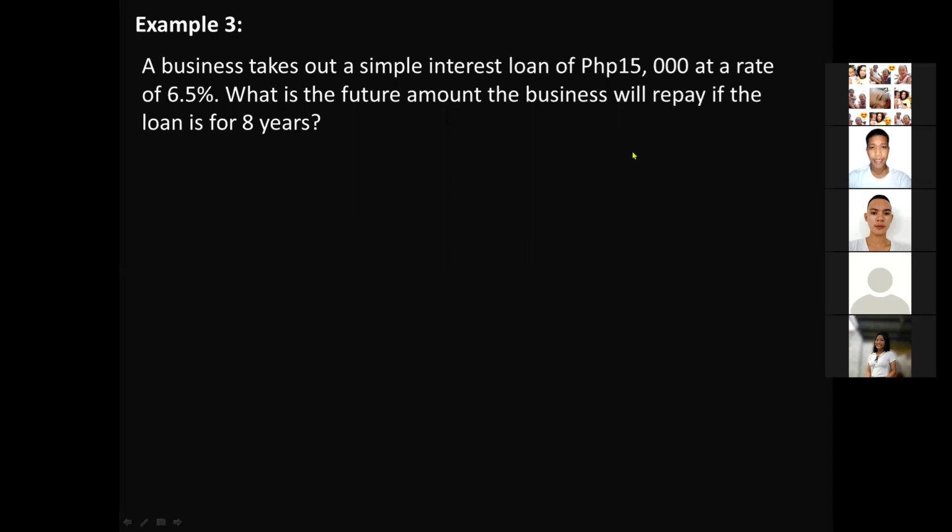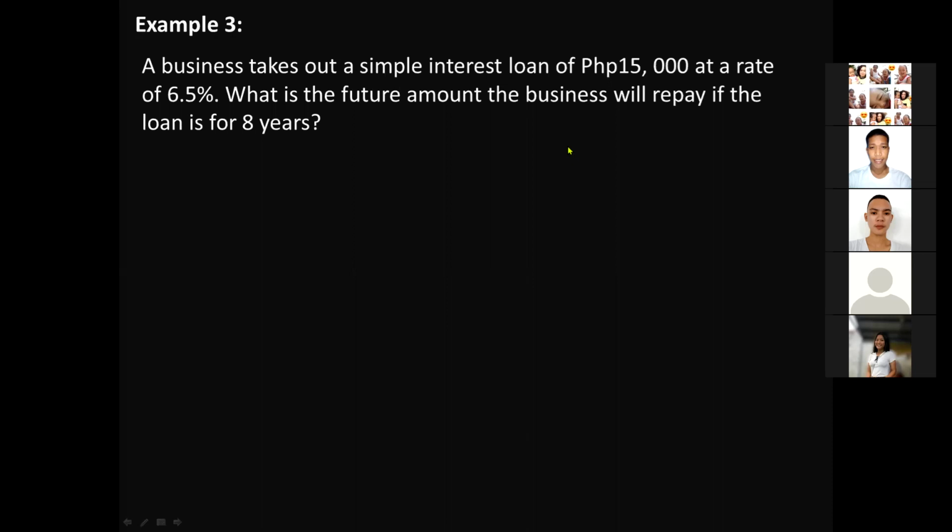So, tanong, magkano yung future amount niya? Para mahanap mo ang full amount, hanapin mo muna yung kita na idadagdag mo sa puhunan, because F is equal to P plus I. Sino kaya ang pwedeng magbigay ng value ng full amount kahit na hindi pa natin nasusolve ang problem?